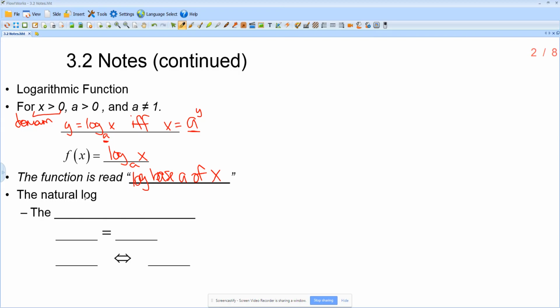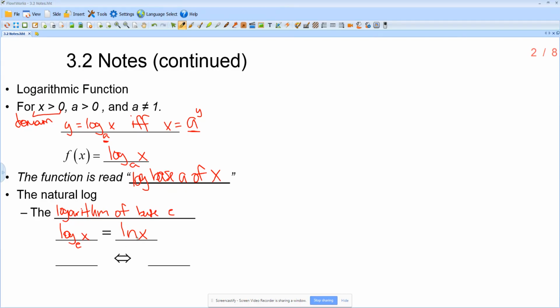And then we also have what's called the natural log. The natural log is the logarithm of base e. So natural log is a specific thing where if I have log base e of x, that's the same as just natural log x.